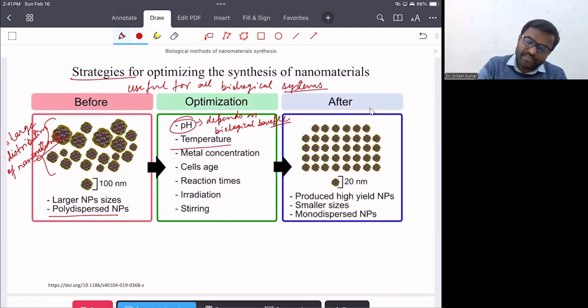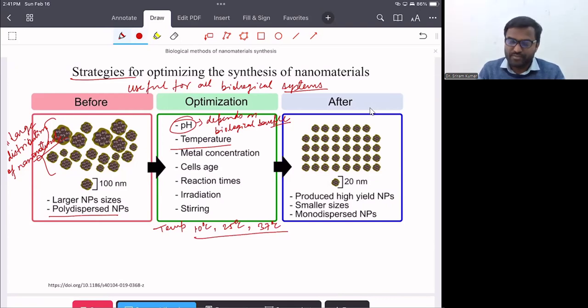The second important parameter is temperature. If you want to understand the temperature difference, maybe we have 10 degrees Celsius, 25 degrees Celsius, and 37 degrees Celsius. Considering these three temperatures, based on research, it is found that there is a smaller particle size at higher temperature.